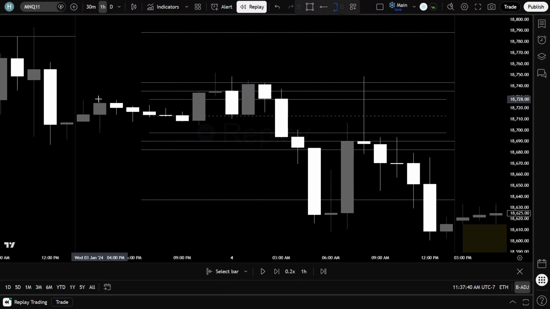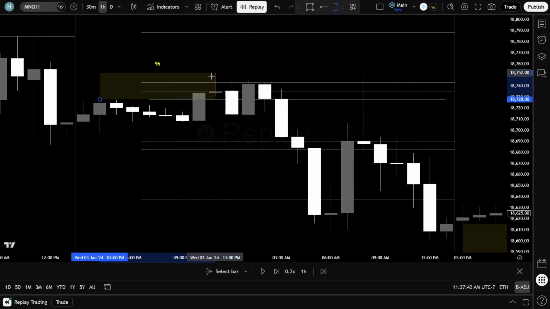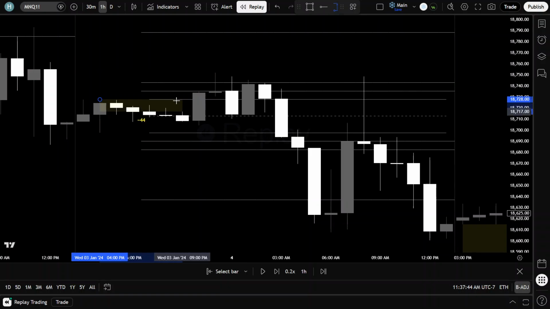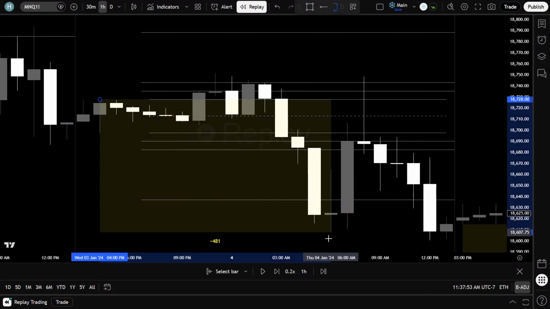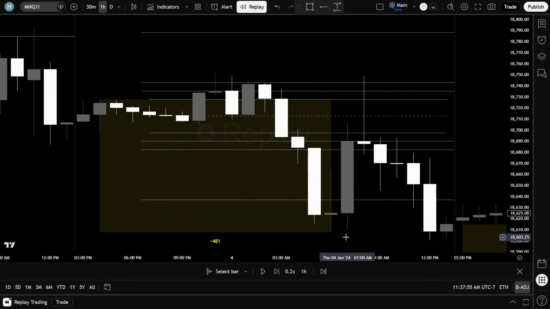Here we have a tap in the 4-hour candle high at the initial level there. Max drawdown 96.6 for a 481 TP. So yeah, I'll take 2R. We could have played this 1 standard deviation as well.